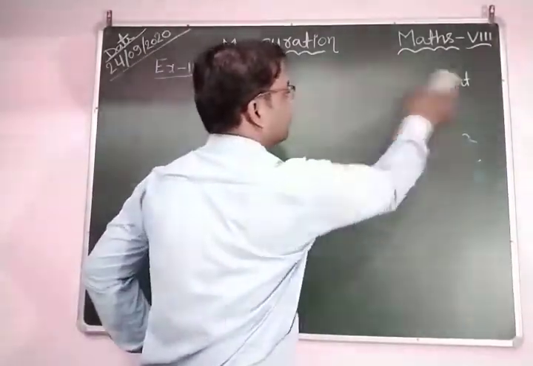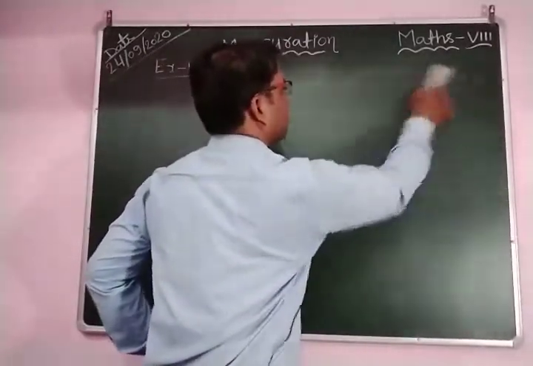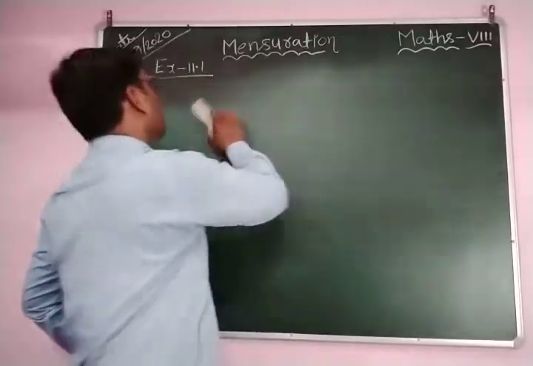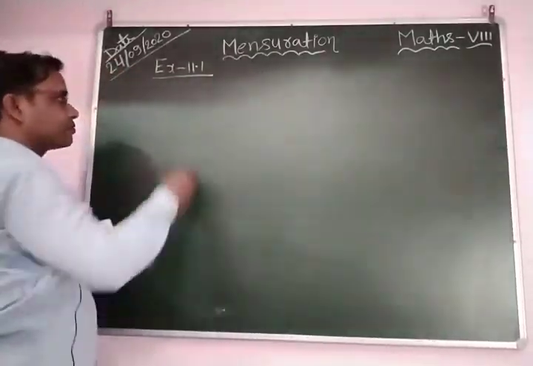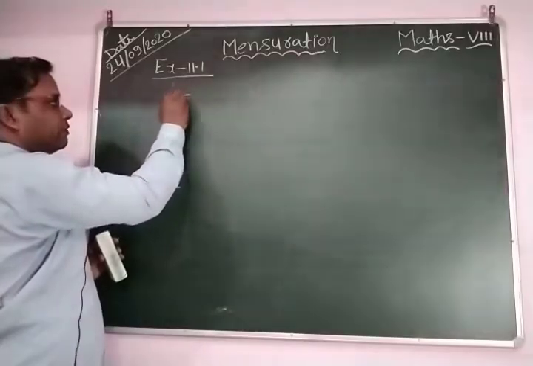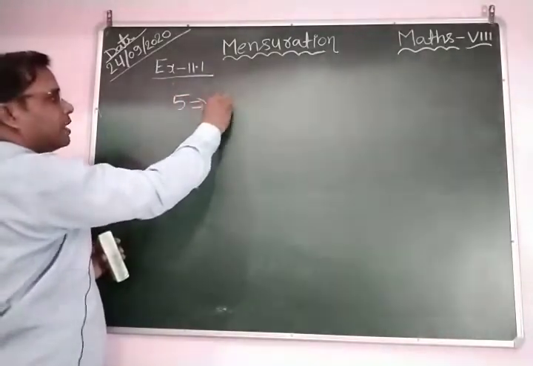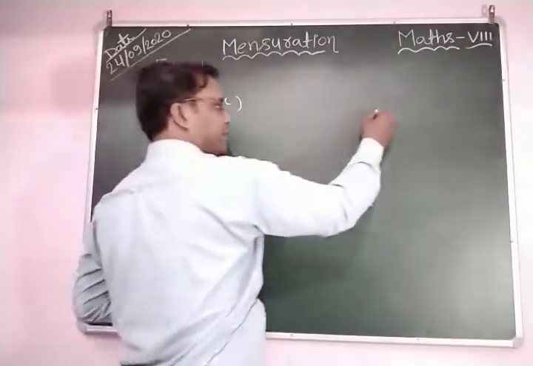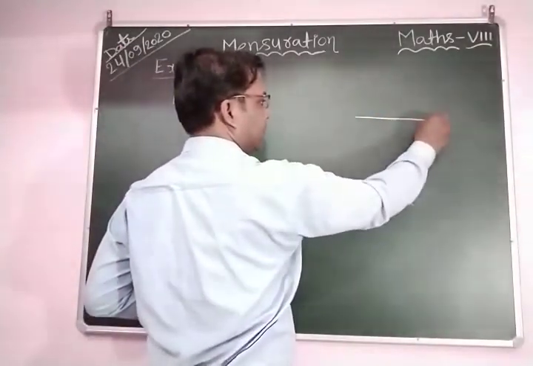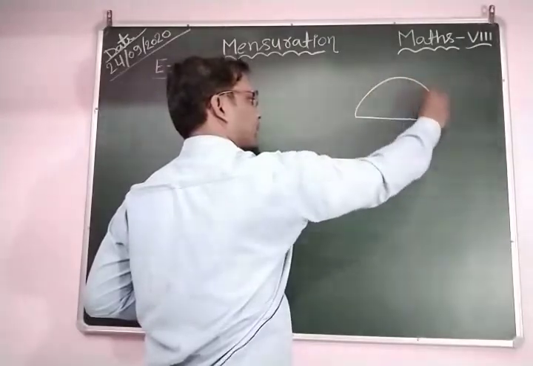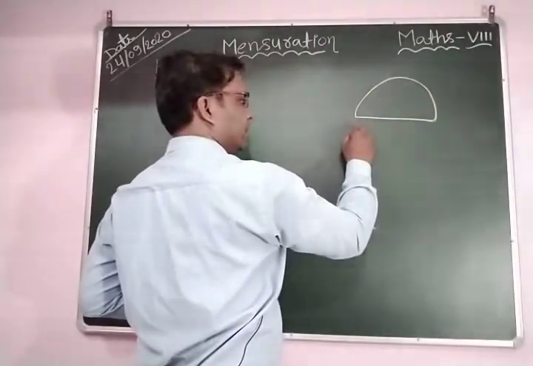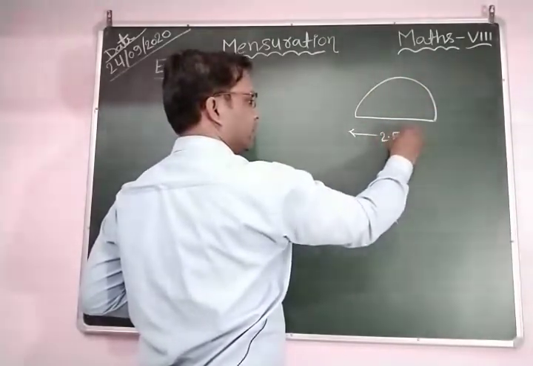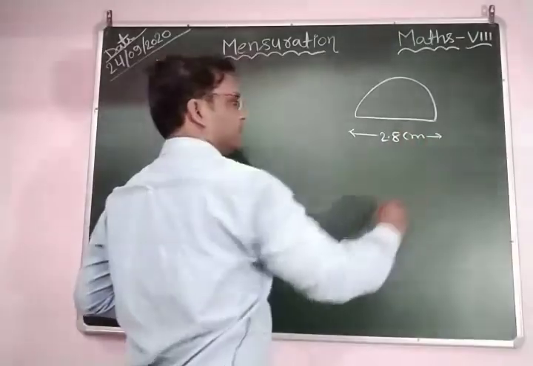So in this question, question number 5 has different shapes for the ant to travel. This is part A. The first part is like a semicircle. You can see here this is a semicircle and this is 2.8 centimeter.